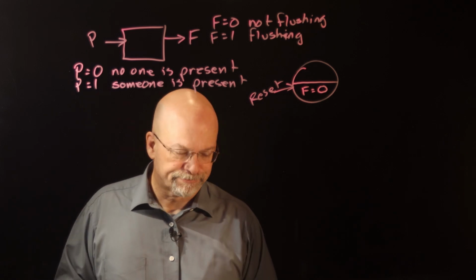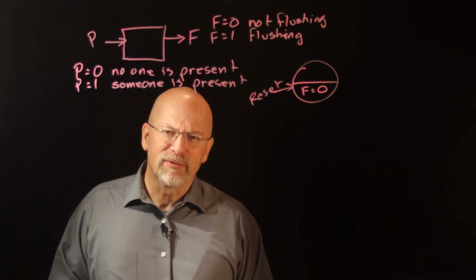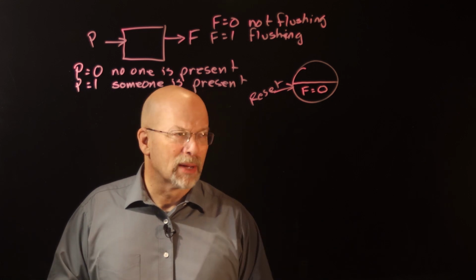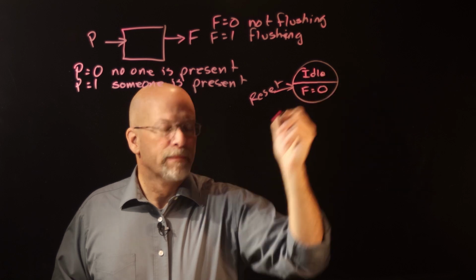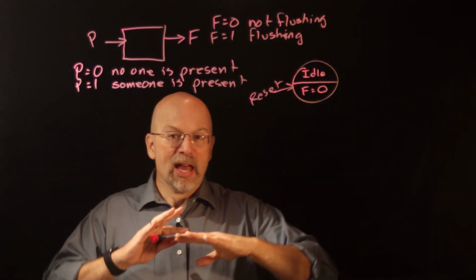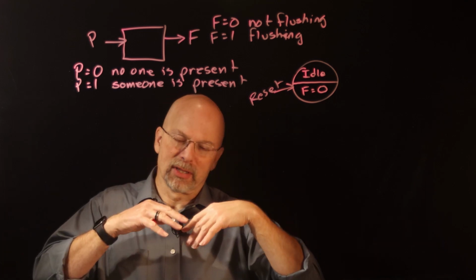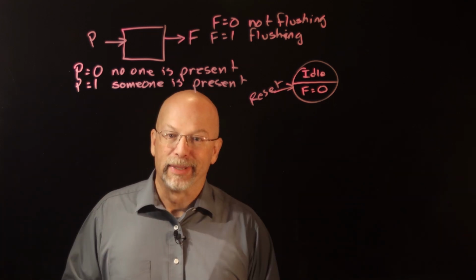We're not flushing. More than likely, nobody is in front of the toilet whenever it first powers up too. And so I'm going to call this state idle. Whenever everything comes up, we're going to assume that it's not been in use, that it's not supposed to be flushing. It's just hanging out, being a toilet.